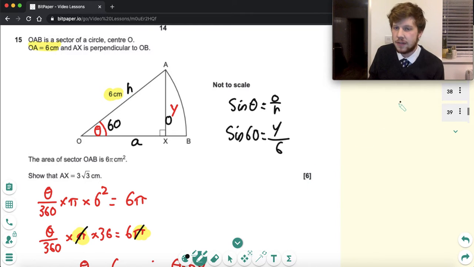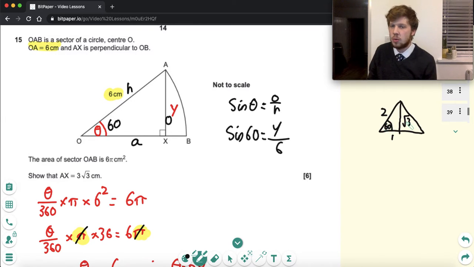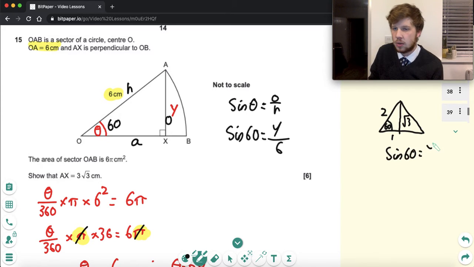Looking at my exact trig values, sine of 60, if I think about my equilateral triangle of length 2, 1, root 3, my 60 degree angle would be here, so the sine would be equal to root 3 over 2. So I know sine 60 is equal to root 3 divided by 2. So therefore, I can multiply across by 6. 6 lots of sine 60 equals y.